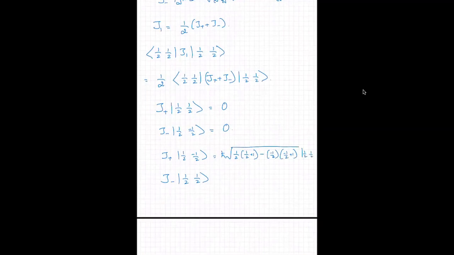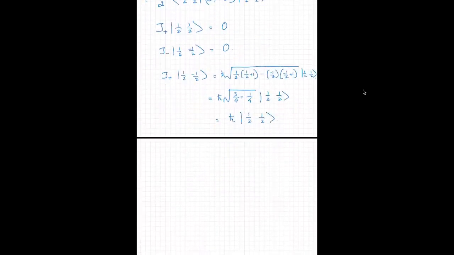So this is 3/4 minus, this is 1/2 and this is another 1/2, so 1/4. So this is H bar times |1/2, 1/2>.